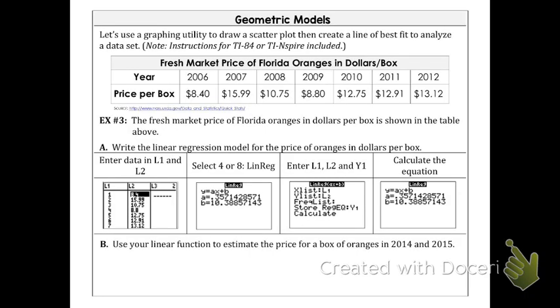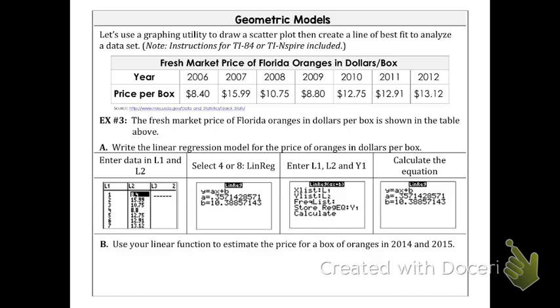All right, geometric models. Let's use a graphing utility to draw a scatter plot, then create a line of best fit to analyze the data set. So this is the bad thing, is that I can't show a calculator on here. But it gives us the steps here. Also, at the very back of your notes, if not, I need to give it to you, I have my answer key, it has it on it.